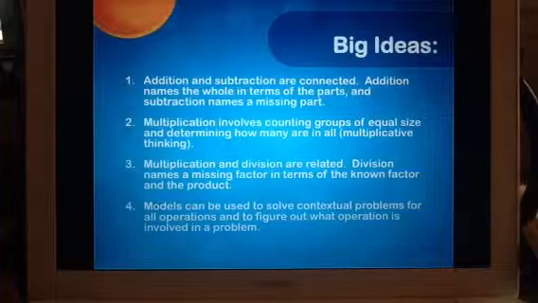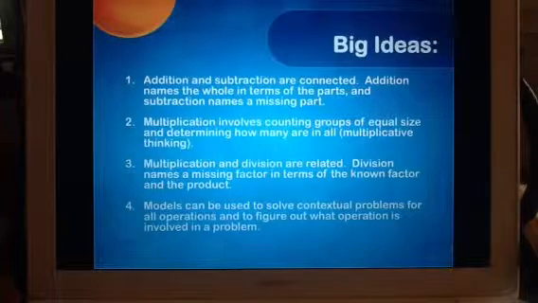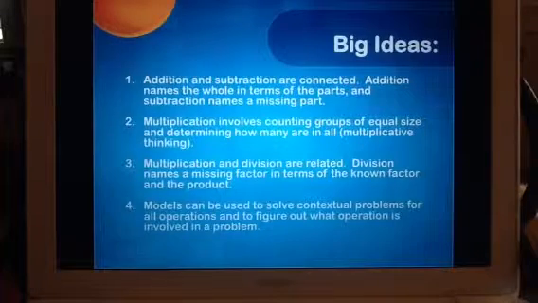Multiplication involves counting groups of equal size and determining how many are in all. Multiplication and division are related. Division names a missing factor in terms of the known factor and the product. And models can be used to solve contextual problems for all operations and to figure out what operation is involved in a problem. These will be shown through examples of arrays, number lines, and equal groups.